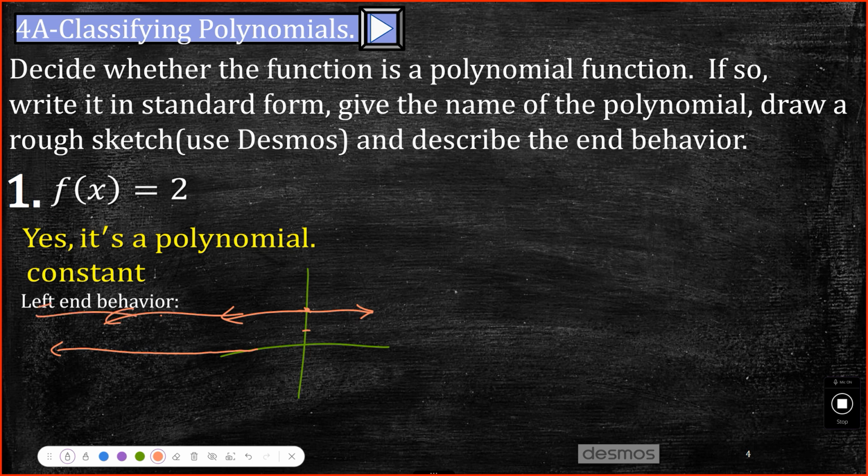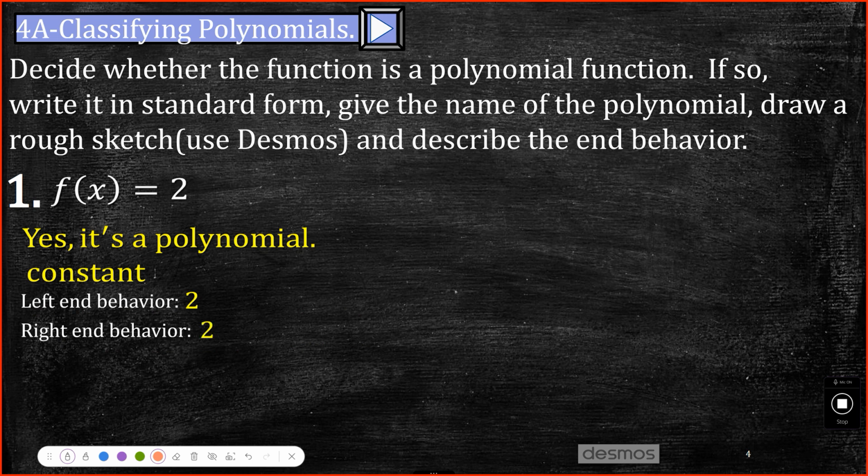I can go to the library, and if this thing keeps going over there, the y value will always be 2. So the left-hand behavior is 2. The right-hand behavior, I go to the right, it will always be 2 because the y value is always 2. It's not increasing, it's not going up, or going down, there's nothing.